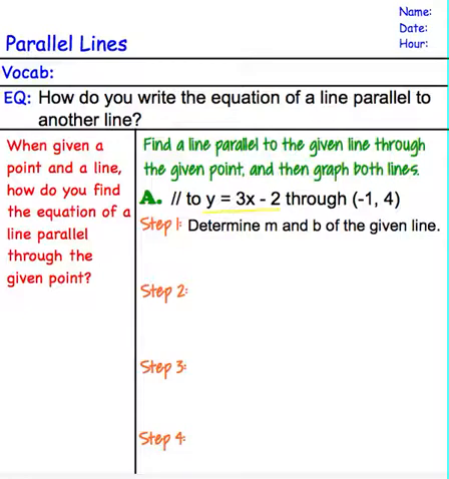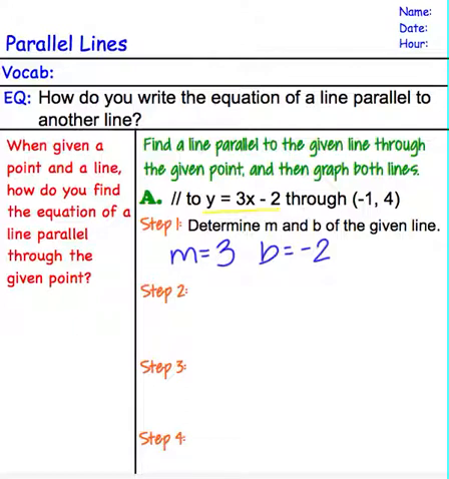This is in slope-intercept form, or y = mx + b. So I know that my m, or my slope, is a positive 3, and my b, or my y-intercept, is -2 because it says -2.